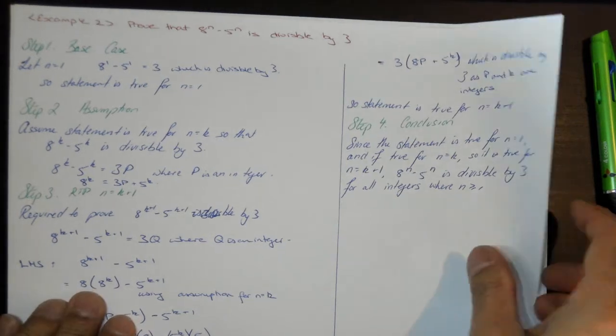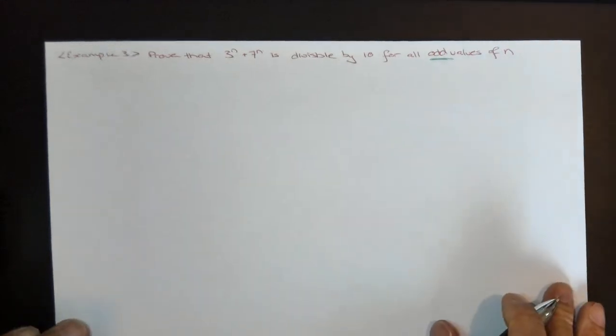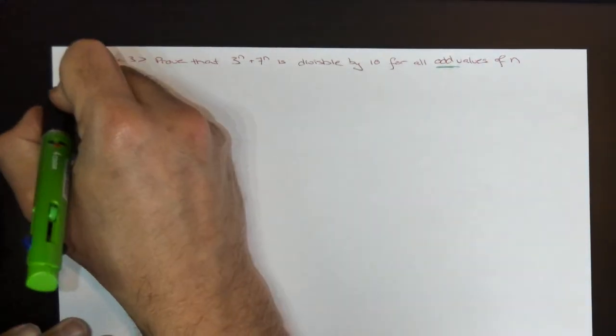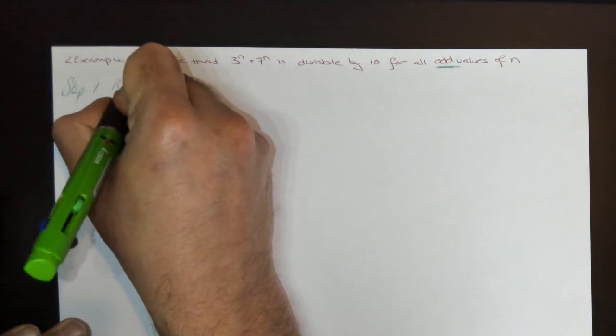Okay, the third example. We want to prove that 3^n plus 7^n is divisible by 10 for all odd values of n. Alright, so step 1, the base case.